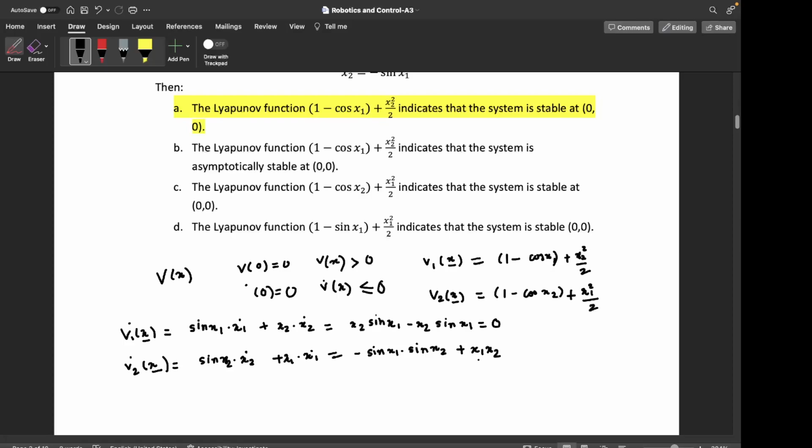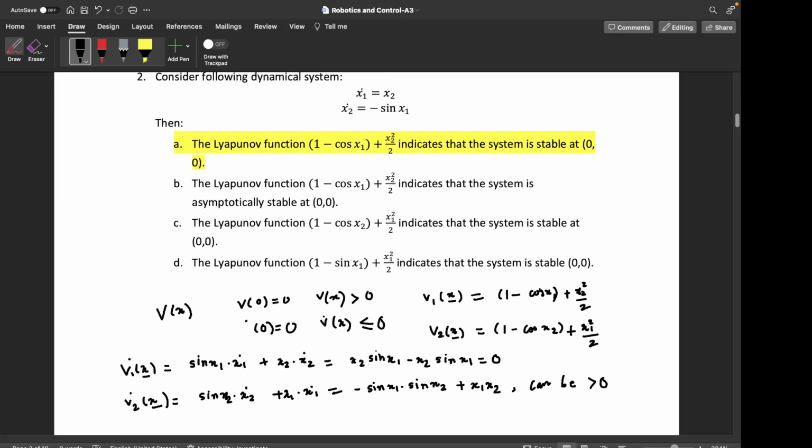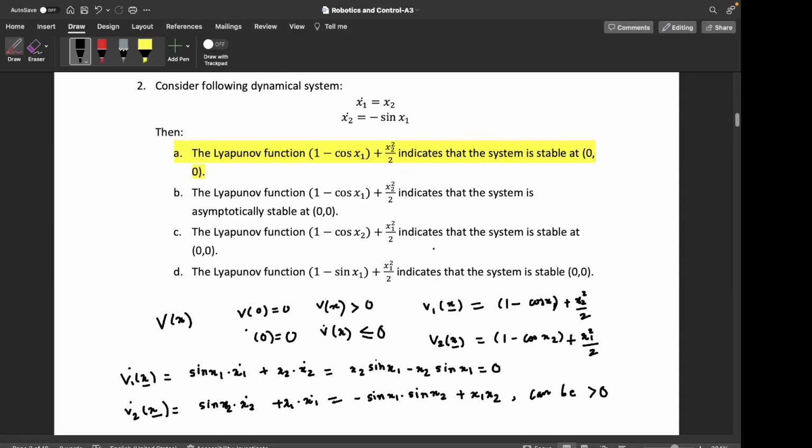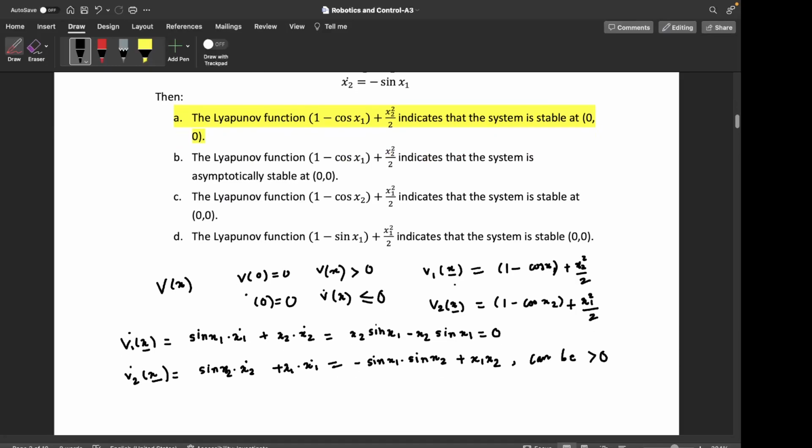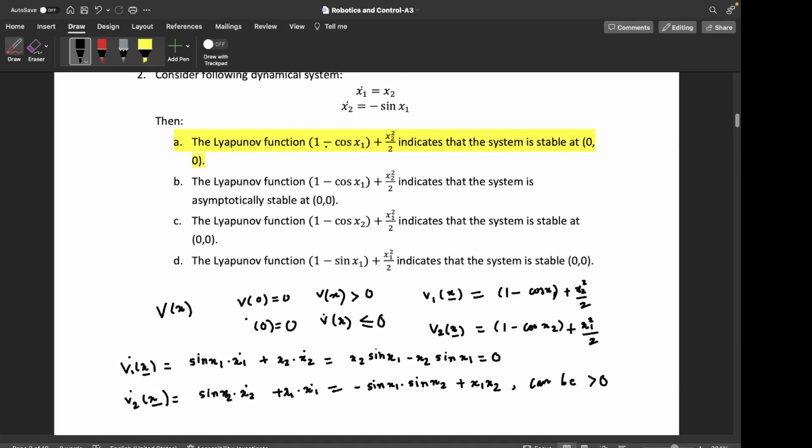So you can find x1 and x2 such that this whole term would be positive, so it can be greater than 0. So this function does not indicate anything about stability, basically. So the correct option would be that v1x, which is this function, indicates that the system is stable at 0,0.